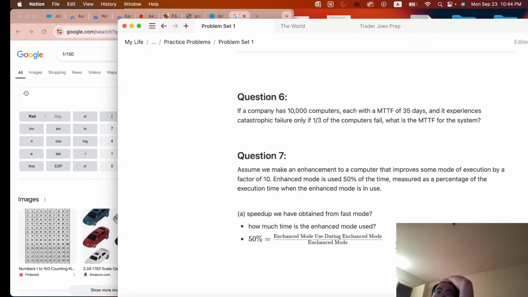Okay, yeah, so T new equals T old divided by T old. Oh, is this simple algebra?